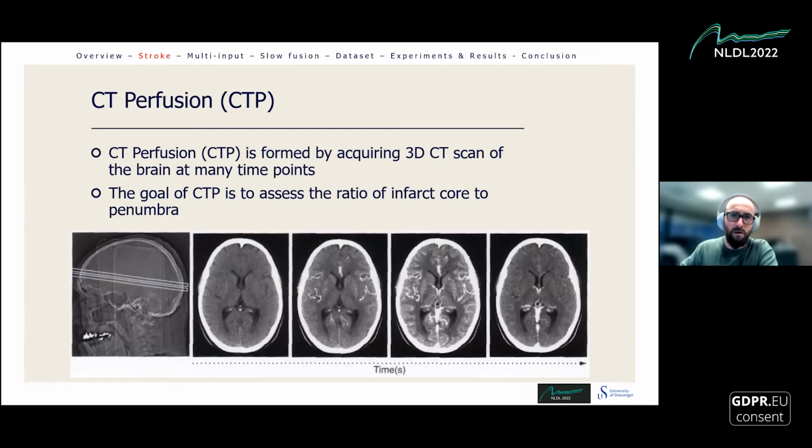At Stavanger University Hospital, they use an analysis called CT perfusion, which is formed by acquiring 3D CT scans of the brain at many time points during the injection of contrast agent in order to highlight and enhance the brain tissue. So the goal of the CT perfusion is to assess the ratio of infarct core and penumbra.